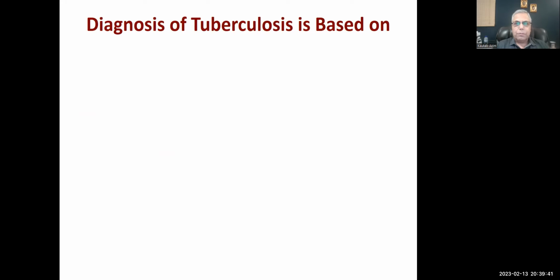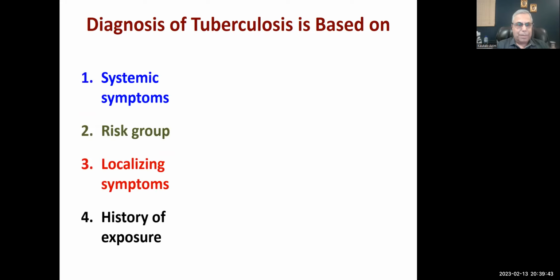So diagnosis of tuberculosis is based on systemic symptoms that I've shown you previously. Risk groups. So when you are diagnosing tuberculosis, you will take into account all these things. You take a detailed history and you do physical examination, so you know all these things, right? So we take into account the risk groups as well, like the immigrants or HIV, alcoholics, drug users, whatever I've shown you in the previous slides.